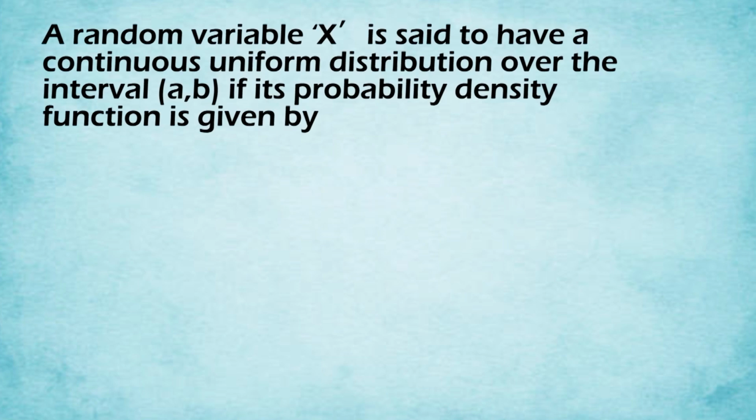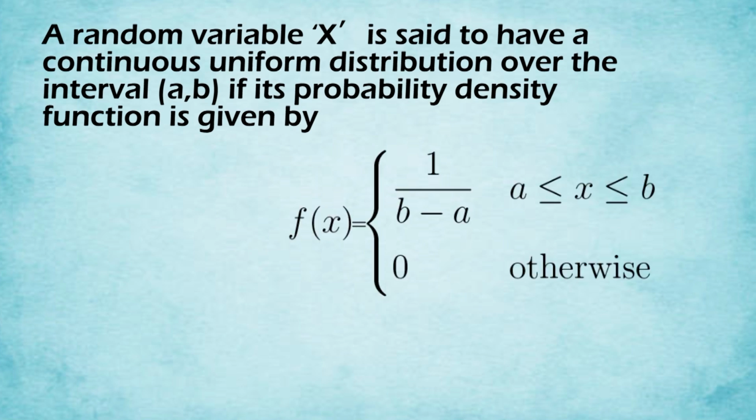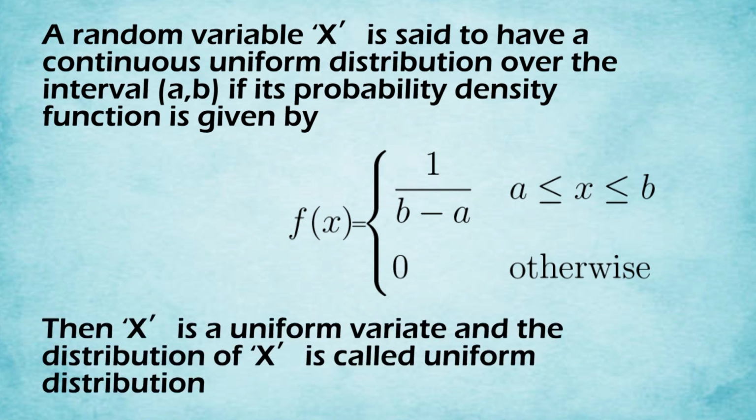A random variable x is said to have a continuous uniform distribution over the interval a to b if its probability density function is given by f(x) = 1/(b − a) for a ≤ x ≤ b, 0 otherwise. Then x is a uniform variate and the distribution of x is called uniform distribution.